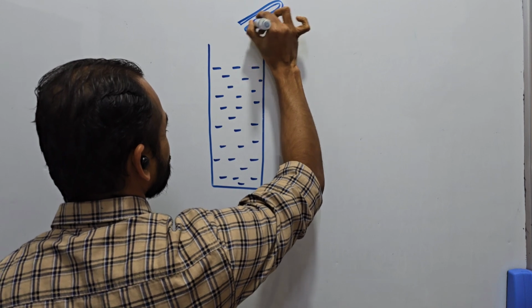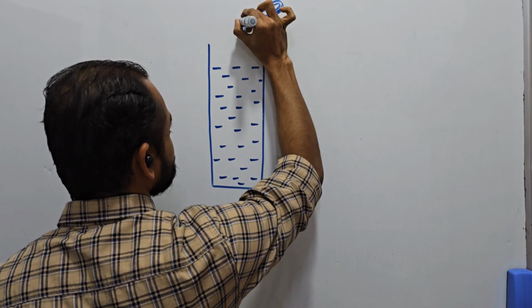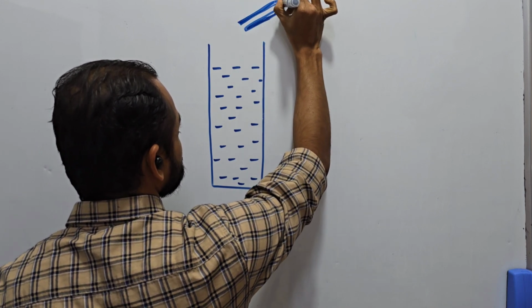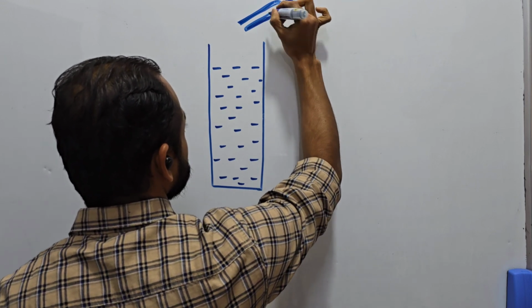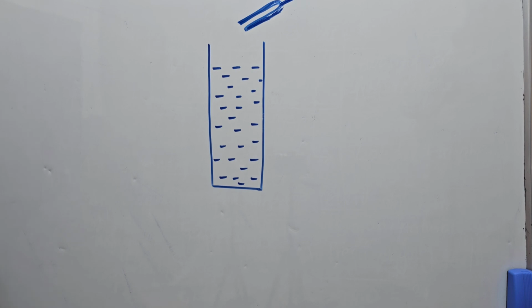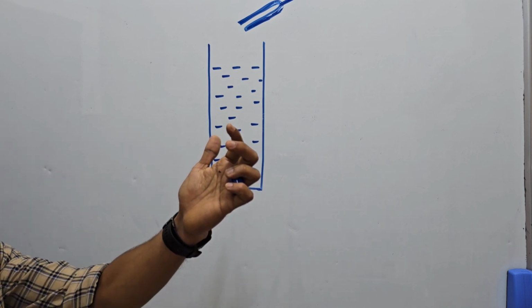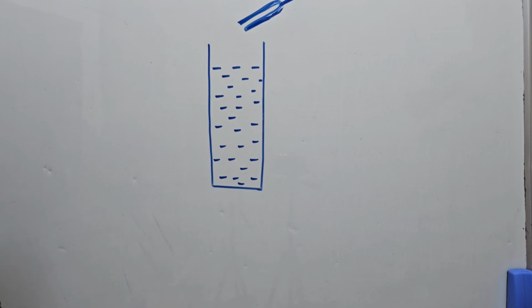You know what a tuning fork is, right? So what happens is, when we hit the tuning fork like this or with a rubber hammer, it will produce sound.